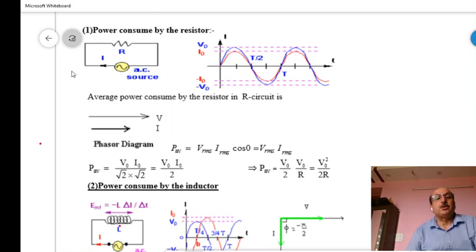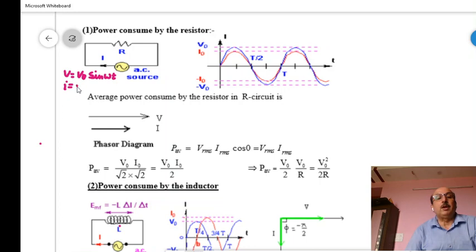The AC source is represented, its instantaneous voltage V is equal to V naught sine omega t. The instantaneous current across the appliance R, we already calculated it.